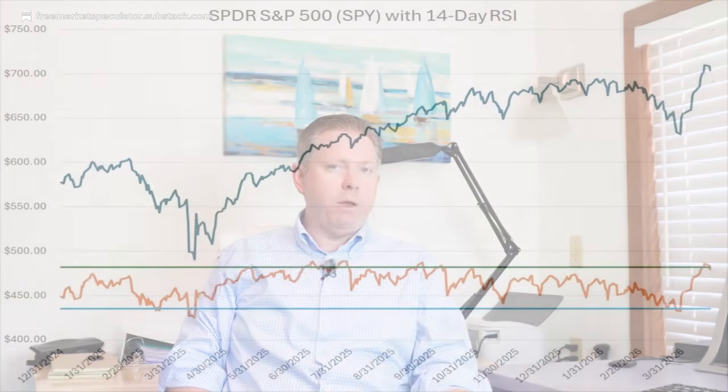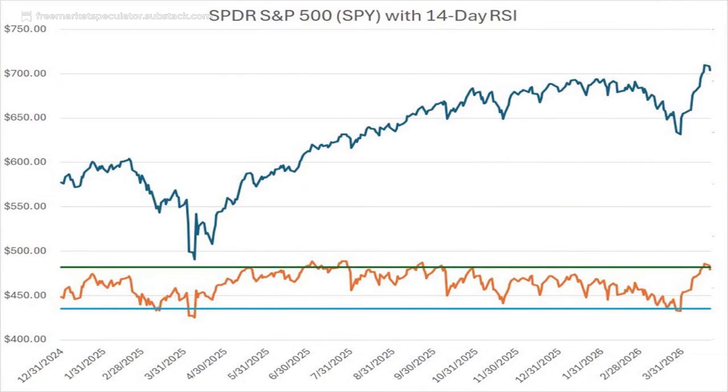Now, if your broker doesn't offer charts or the RSI indicator for whatever reason, I've found stockcharts.com to be a very good free source on the web for plotting charts of various stocks and indices with this RSI indicator on the chart as well. So here's a chart of the Spider S&P 500, the SPY ETF, with the 14-day RSI plotted underneath it.